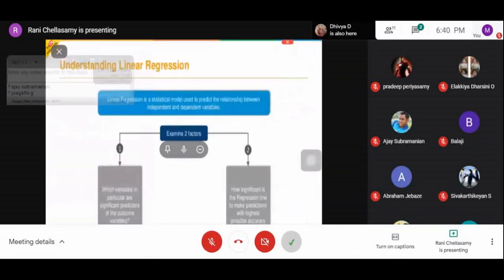Linear regression is a statistical model used to predict the relationship between the independent and the dependent variables. It examines two factors. The first factor is which variables are significant predictors of the outcome variable. So the first task is to identify which one is the dependent variable and which one is the independent variable.